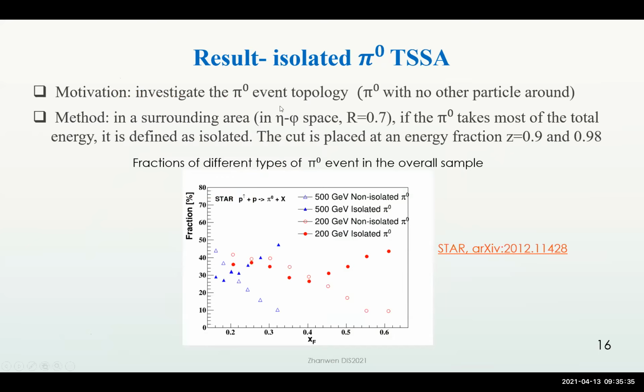So we created this definition of isolated pions, which requires, in a certain area of eta-phi space, that the pion takes 98% of the energy. As XF increases, isolated pions become more and more dominant at very high XF.